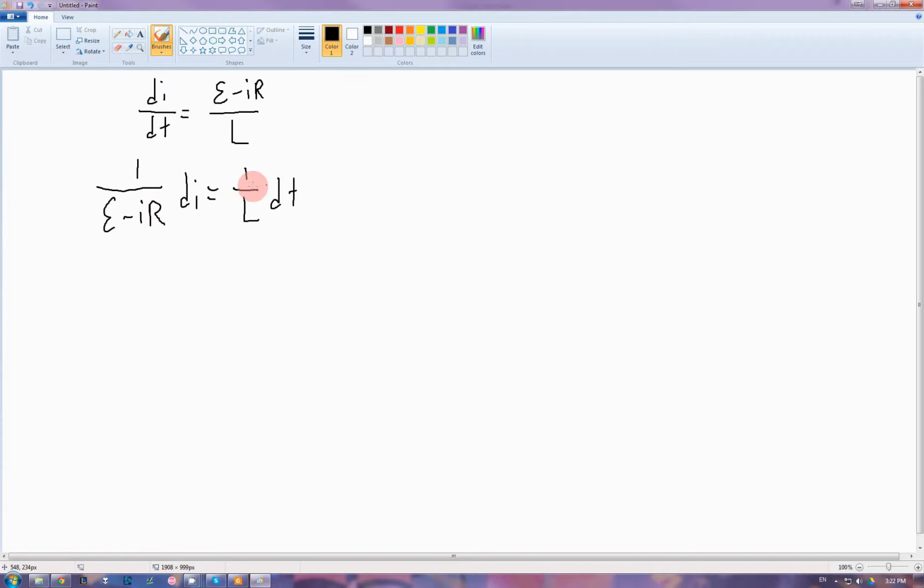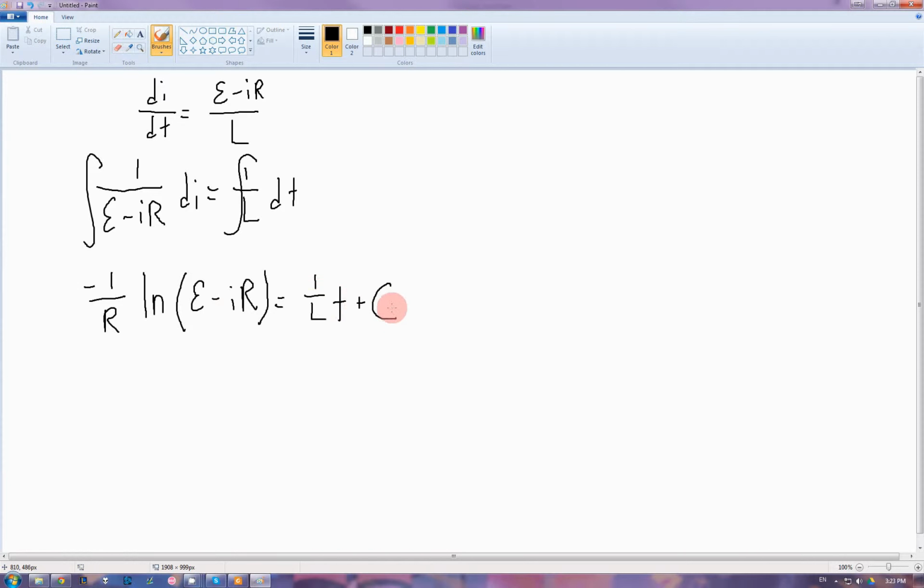Now we have to integrate both sides, and if we did a u substitution here, we would get a negative 1 over R on the outside, and then this would integrate to the ln of E minus IR. On the right side, we just get 1 over L times t, plus C, the constant of integration.